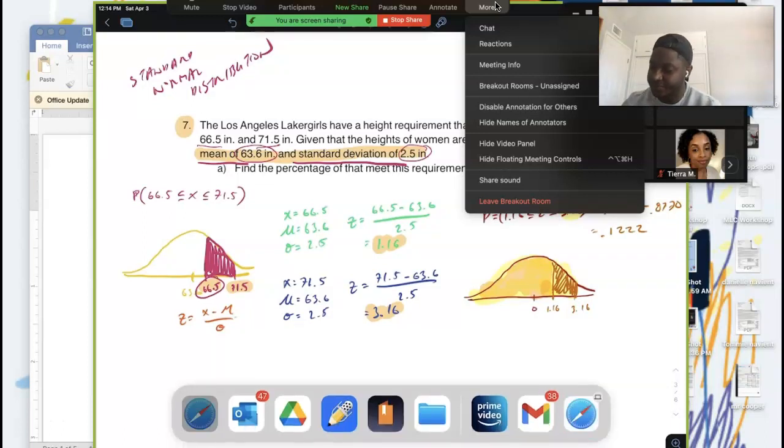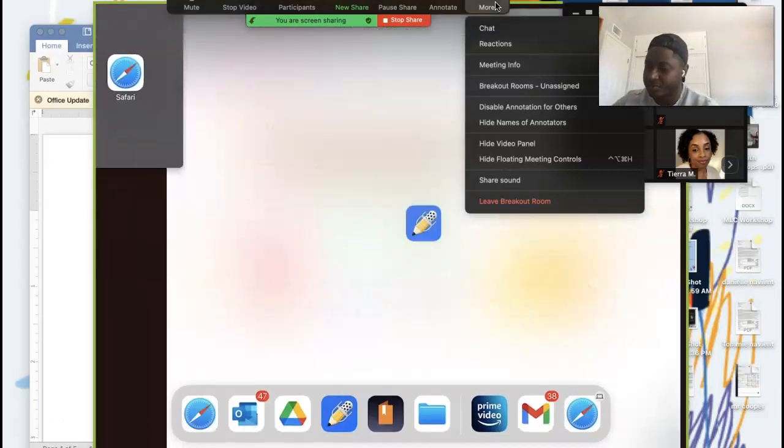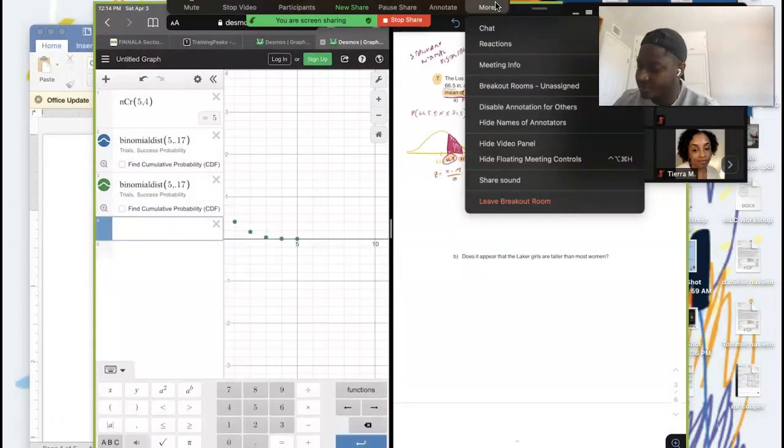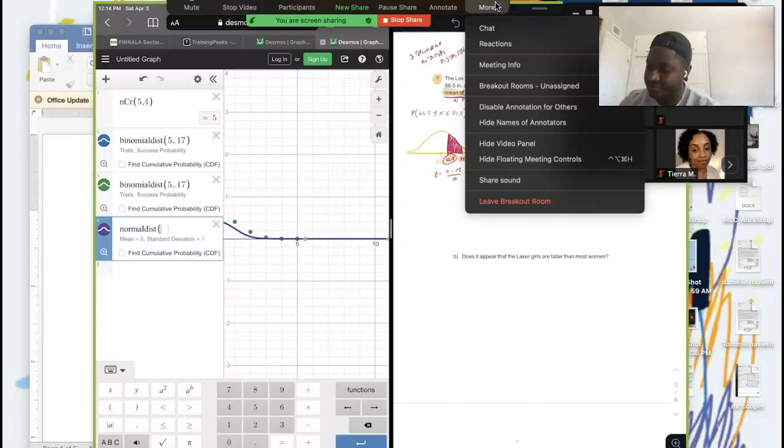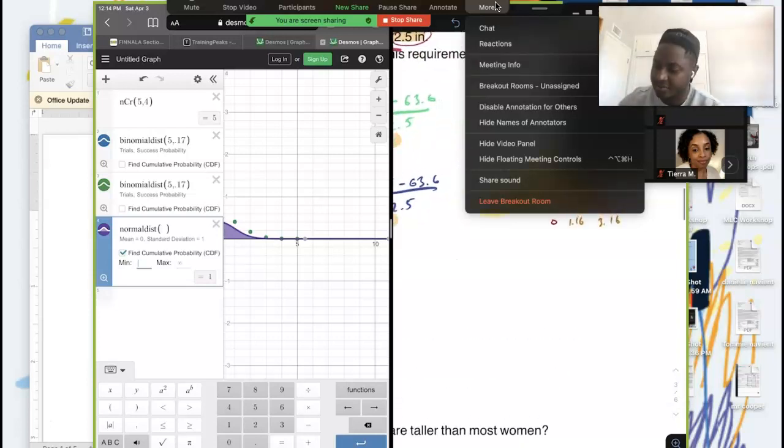If you were to use Desmos, you would go to functions, and we want the normal distribution. We're going to keep that the same and find the cumulative probability. So now, instead of having the min and max be negative infinity to infinity, we change it, because our minimum value is 1.16 and our maximum value is 3.16, and that would be our answer.